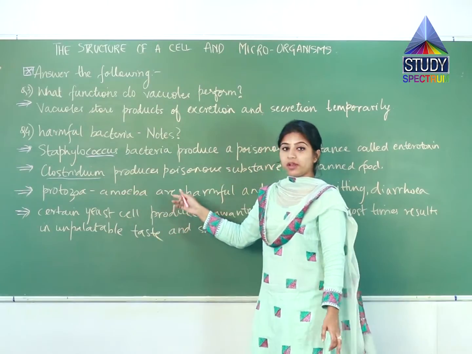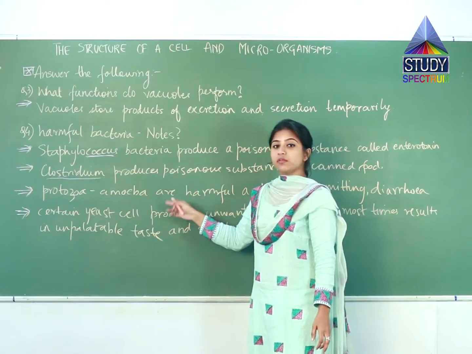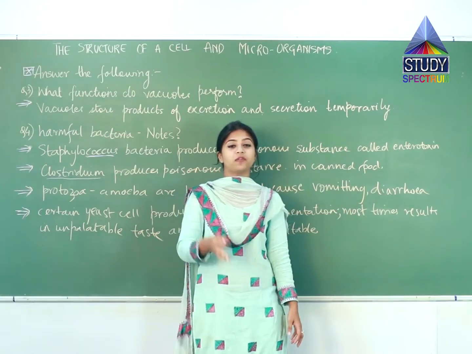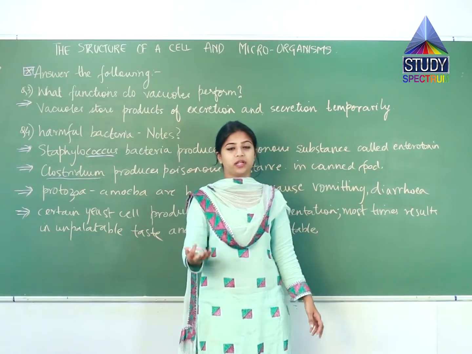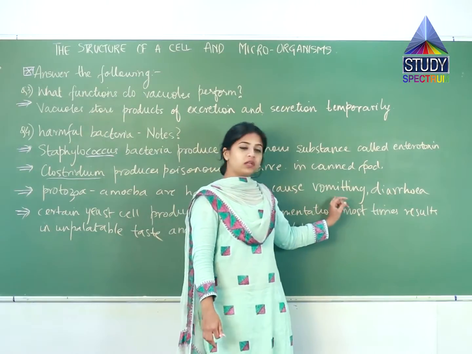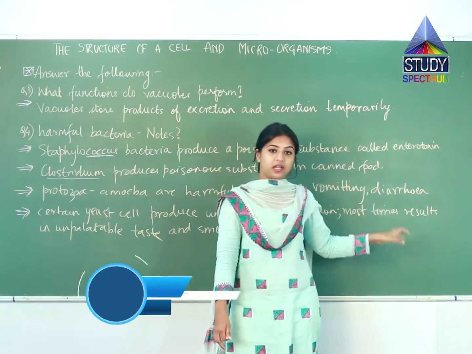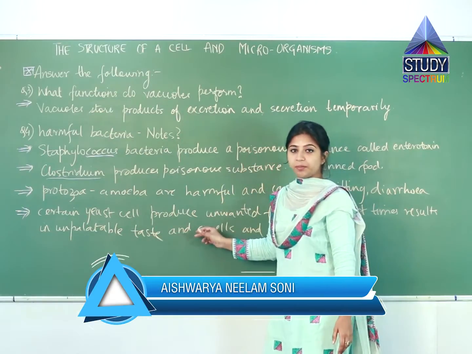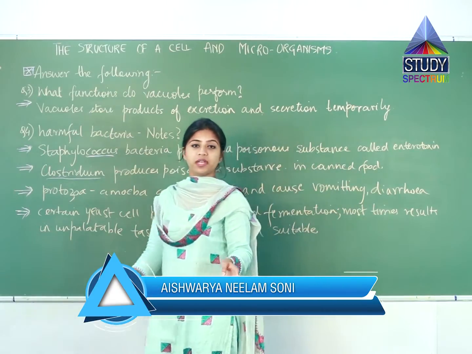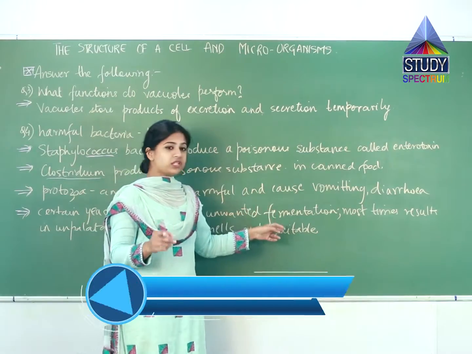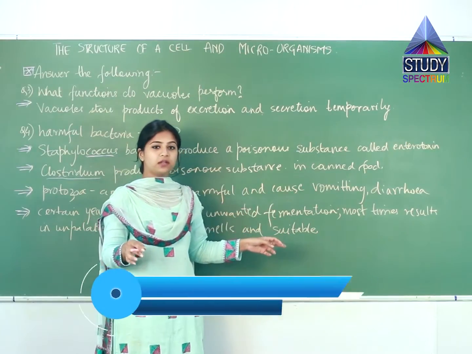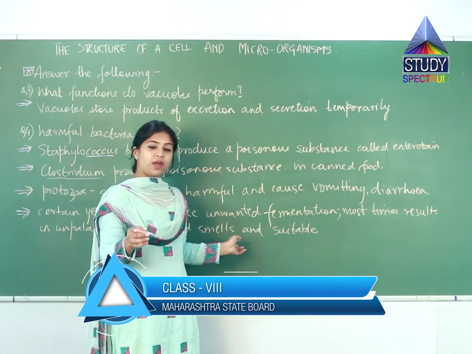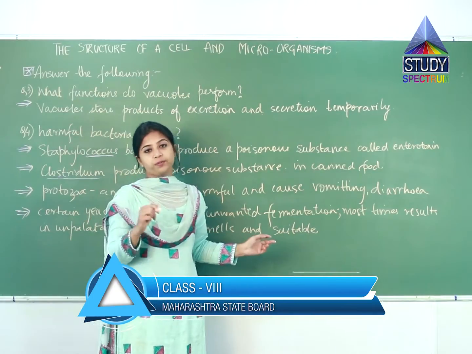Then the next microorganism was the protozoa, in which amoeba is a harmful microorganism that can infect human beings or any other organism and create diseases like vomiting and diarrhea. While certain kinds of yeast also produce unwanted fermentation, and most times this results in unpalatable materials that cannot be consumed.